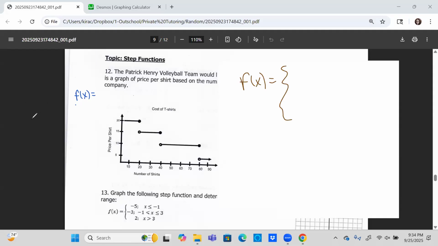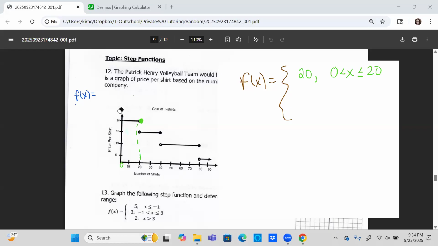Okay, so if you buy from 0 to 20 shirts, it's going to cost 20 bucks per shirt. So it's just 20 when x is in between 0 and 20, and we will close that because of the solid dot.